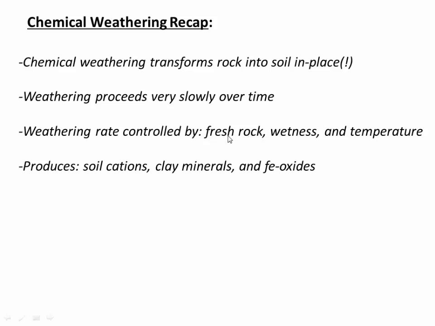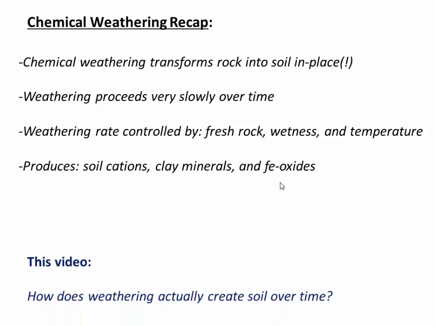And as chemical weathering proceeds, it produces certain products that remain in the soil. Things like soil cations, which will become nutrients for plants, clay minerals, and iron oxides. So if you need a refresher on this, see the previous video.